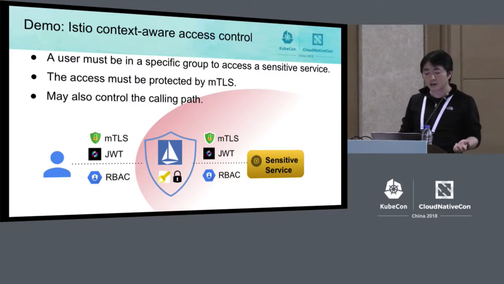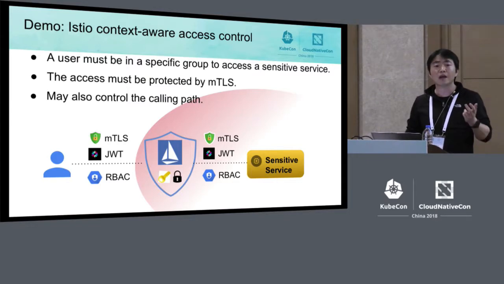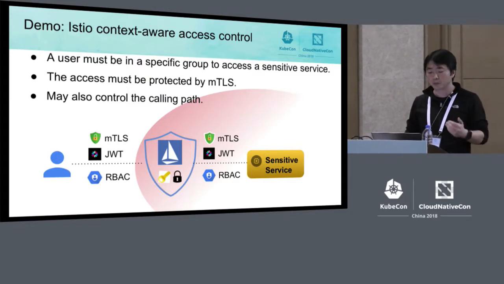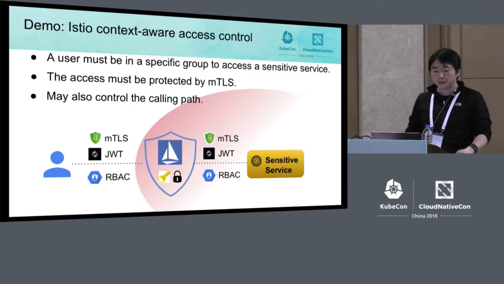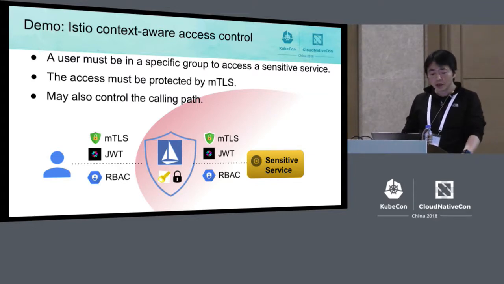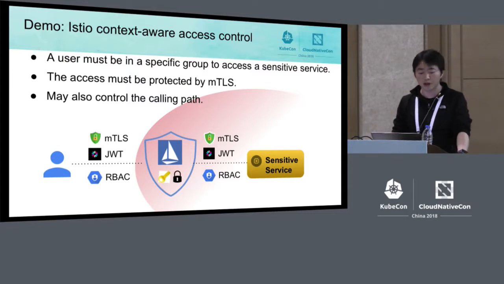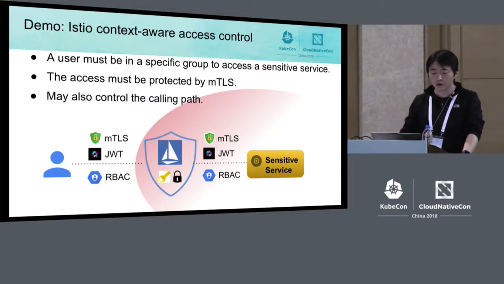The second is whether this connection is encrypted or not. It's basically protected by mutual TLS authentication. Here, the operator can even define more context information to further control the calling path.